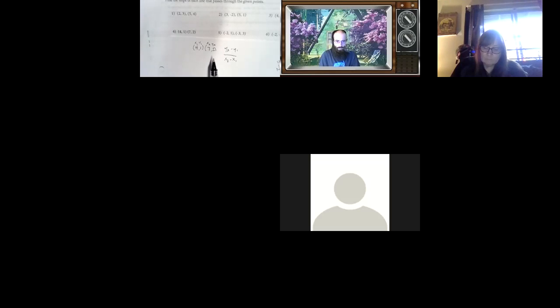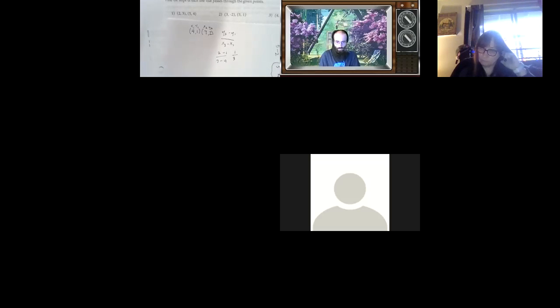Starting with Y2, that is 2, minus Y1, which is 1, over X2, which is 7, minus 4. And then you do your arithmetic. Sorry, I'm almost off the screen. 2 minus 1 is 1. 7 minus 4 is 3.